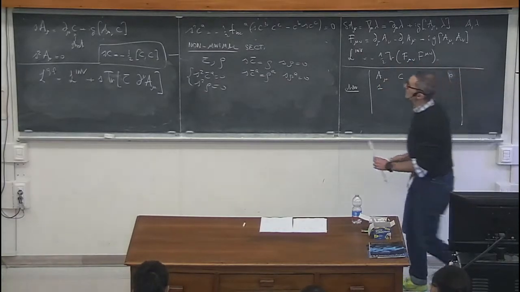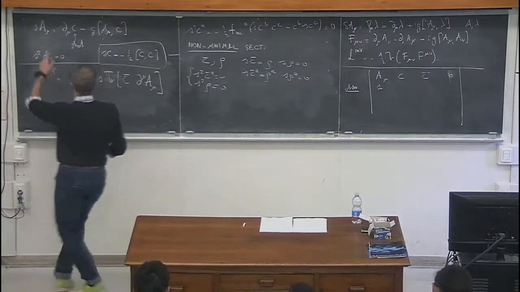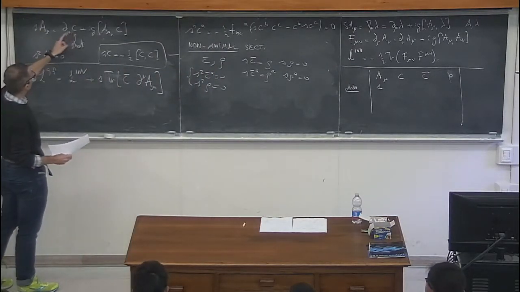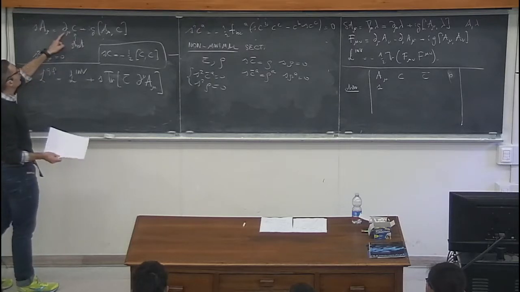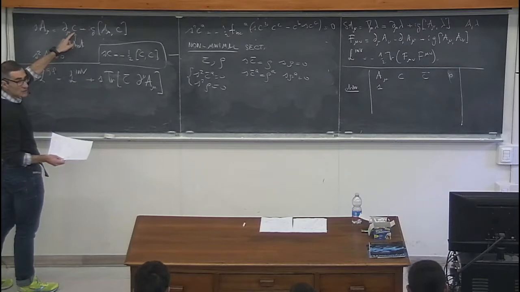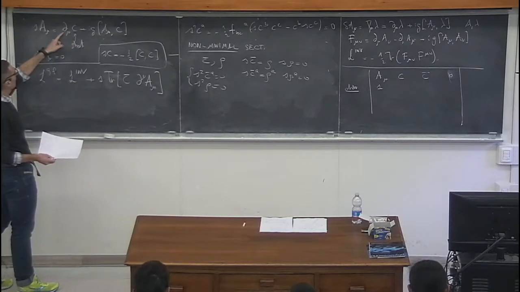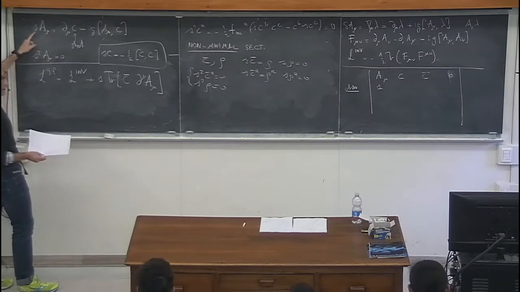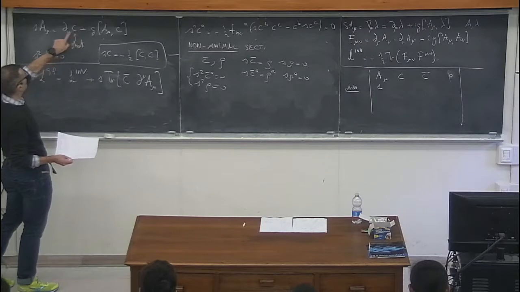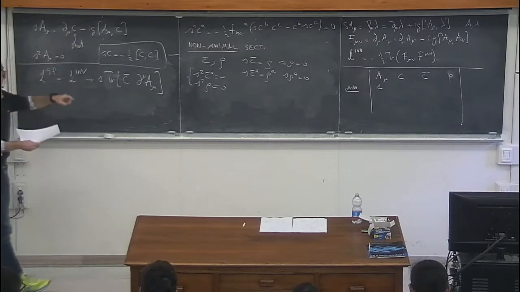Now you see that the BRST variation maps a gauge field into C, but here there is a derivative. There are 2 ways. One way is to assign dimension 0 to the ghost and dimension 1 to the derivatives, or you assign dimension 1 to the BRST differential in such a way that this has dimension 1 and this also has dimension 1. There are these 2 choices.